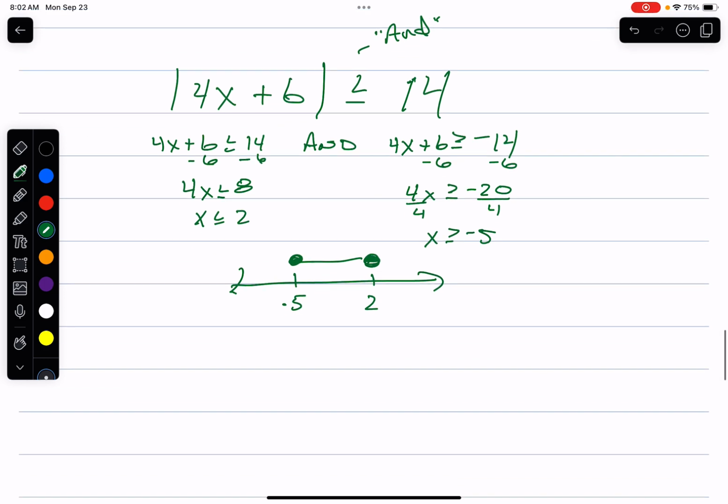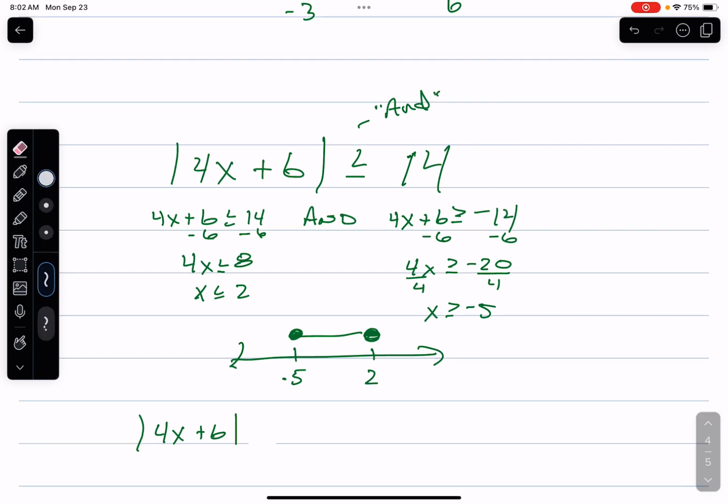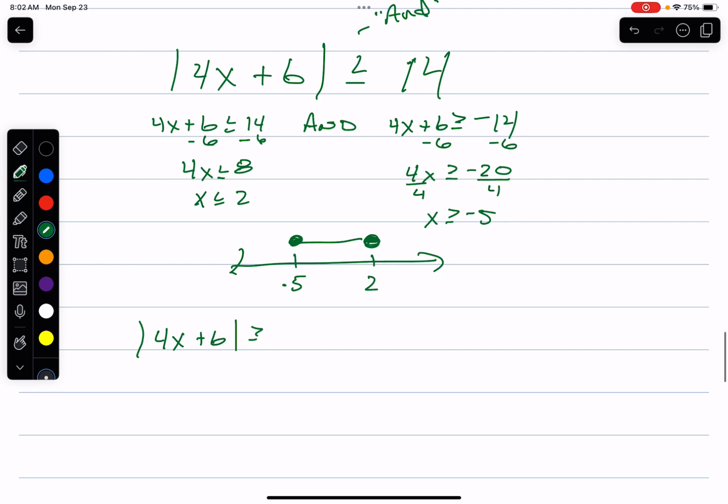Okay. If that problem would have been 4x plus 6 less than or equal, I'm sorry, greater than or equal to, that would be an or problem.